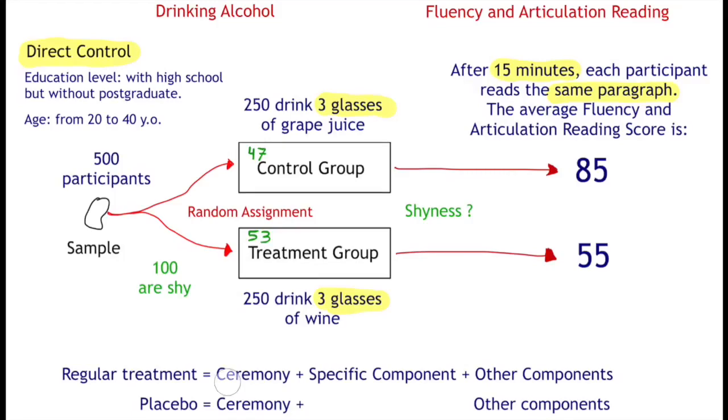The ceremony, or the theater as I call it sometimes, of the treatment already has an impact in the individual. This is what we call the placebo effect. The way of controlling for the placebo effect is administering the same ceremony and the same theater to the individuals in the control group. This is a main function of the placebo, controlling for that variable that we call psychology.